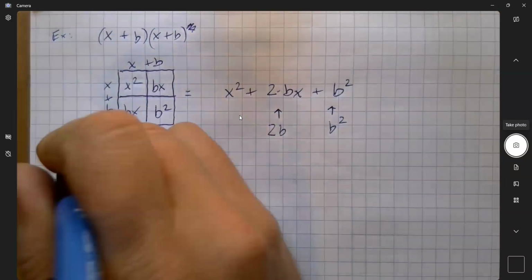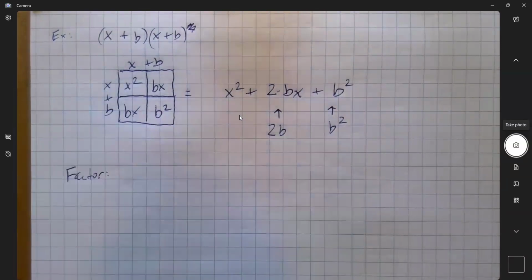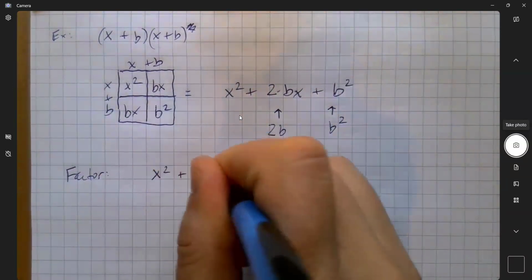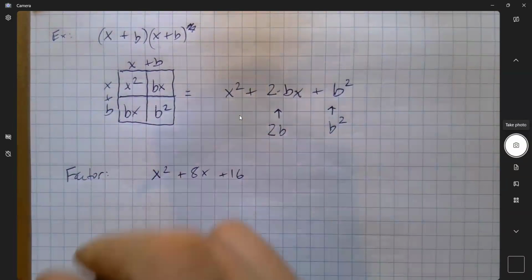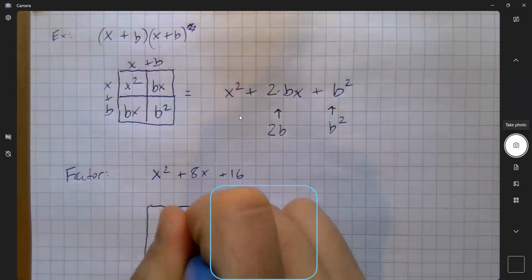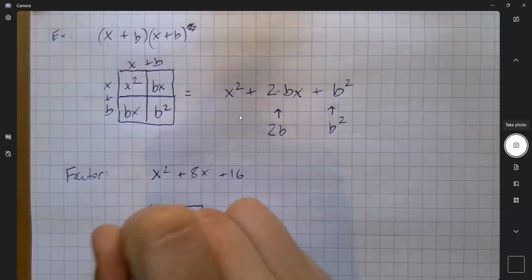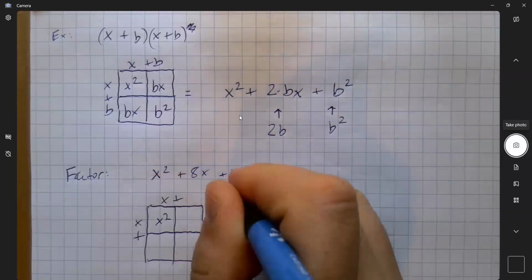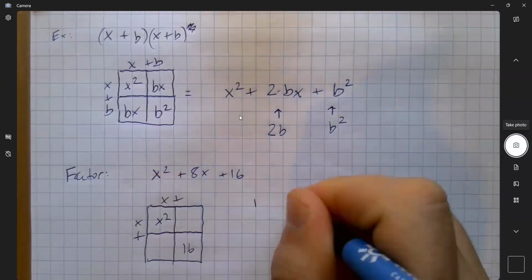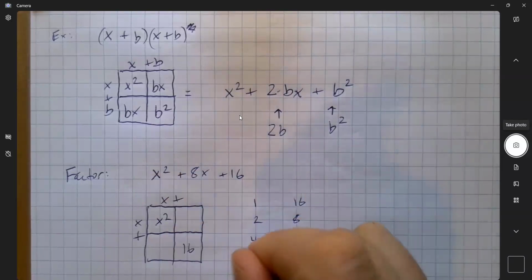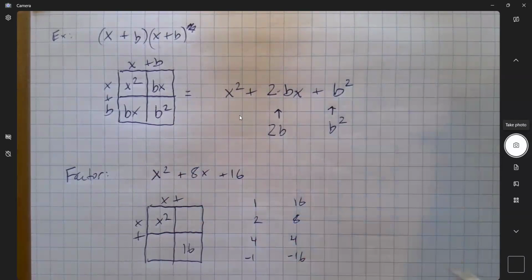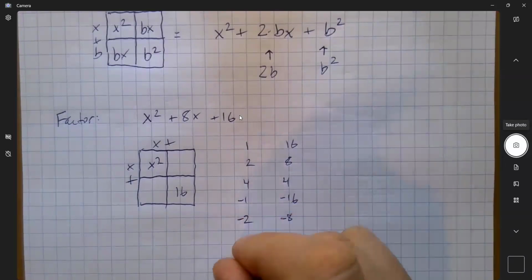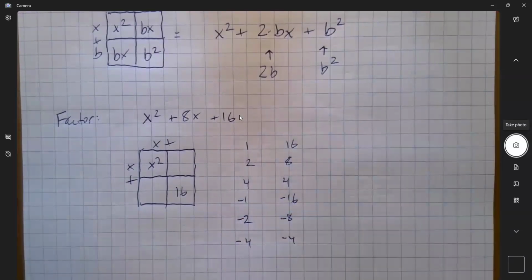So now let's factor. We can always use the box method, but we don't have to. Let's look at x squared plus 8x plus 16, and we'll use the box method first. I should have an x squared here and a 16 there. And so I need to look at the pairs of numbers that multiply to be 16. Don't forget that there are also negative pairs of numbers, although I don't think we're going to end up having to go that route.